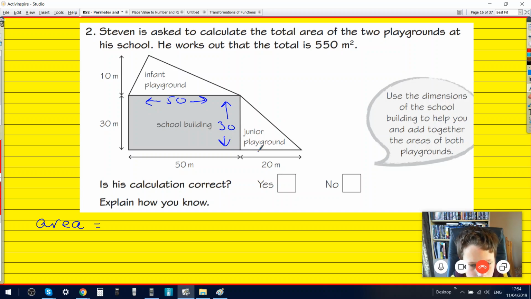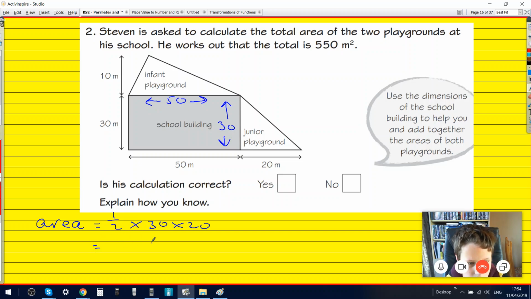Do a half times base times height. So for the junior playground, it's 30 times 20, which is 600. But it's half, so half of 600 is 300.